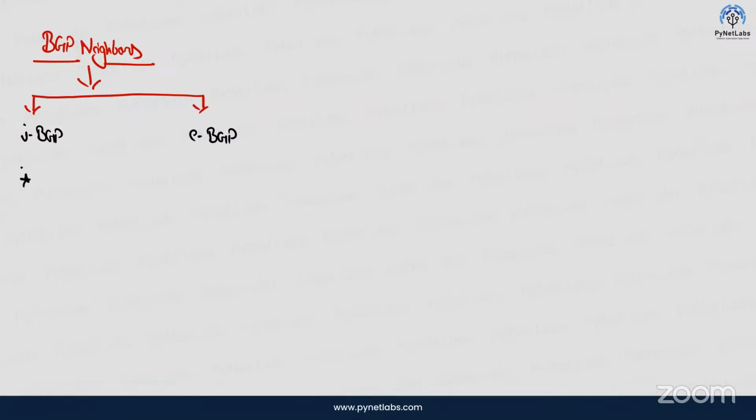So we can say the point: BGP neighbors, either iBGP or eBGP, are similar to OSPF and eIGRP and any other IGP protocol, but with a few differences.